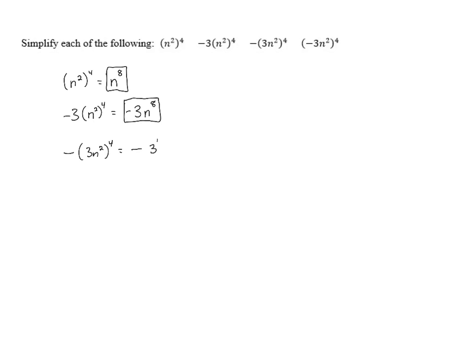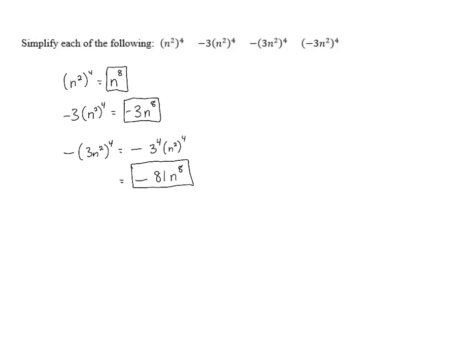We're going to have 3 to the fourth, and then also n squared to the fourth. Now the negative stays out front. 3 to the fourth is 3 times 3 times 3 times 3, which is 81, and then n squared to the fourth is n to the eighth, as it has been. So now we've got negative 81 n to the eighth.